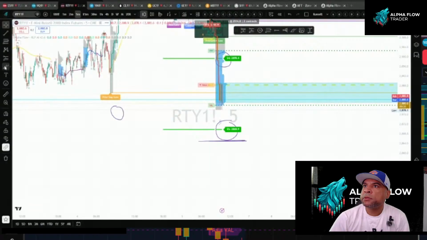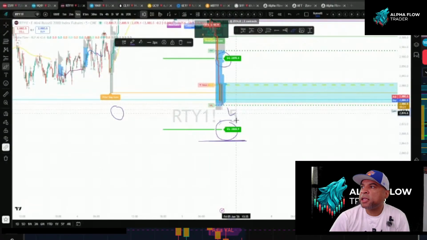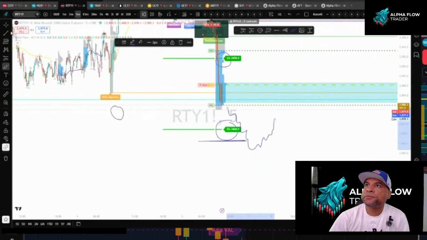All right, so we want to see Russell come down to S5 and start drifting back up, looking for a reversal here.